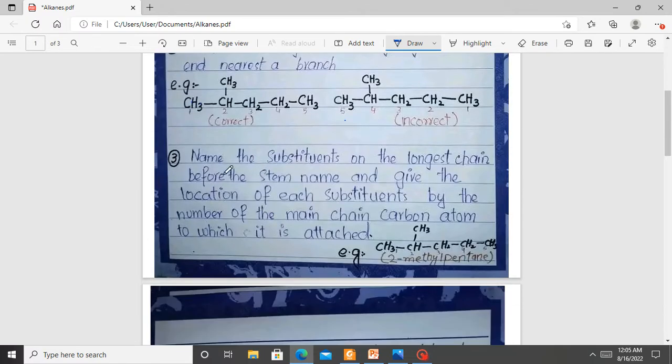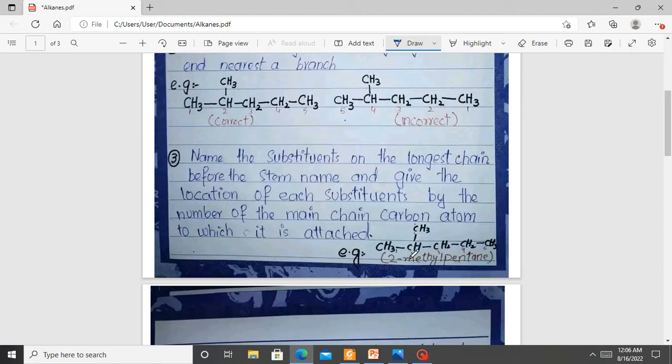Next, you name the substituent on the longest chain before the stem name and give the location of each substituent by the number of the main chain carbon atom to which it is attached. So let's say this is the compound you want to name. First, we name the substituent before the stem name. The substituent here is a methyl, from the compound methane. When methane loses 1 hydrogen, it is called methyl. So we name this before the parent name, and before that we give the position of the methyl.